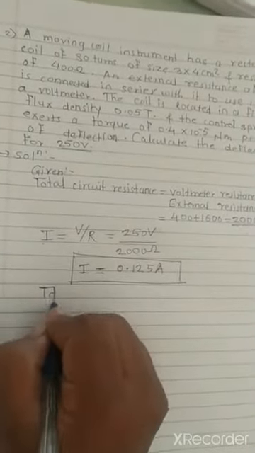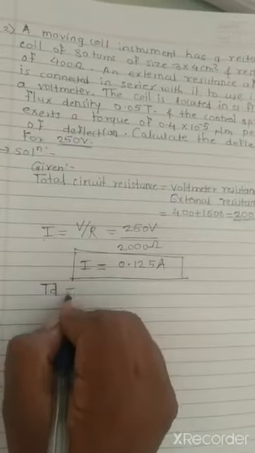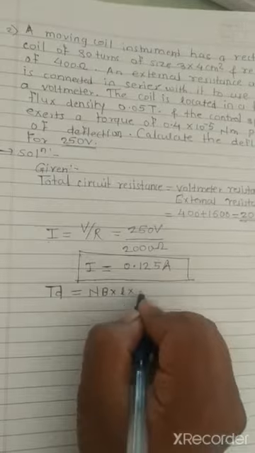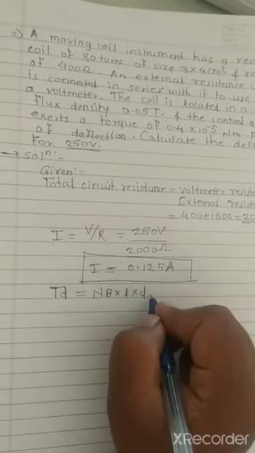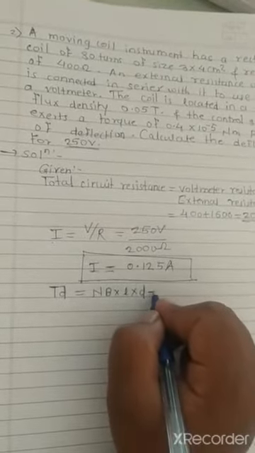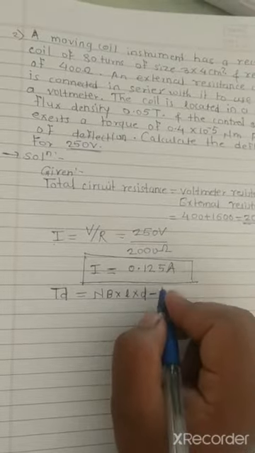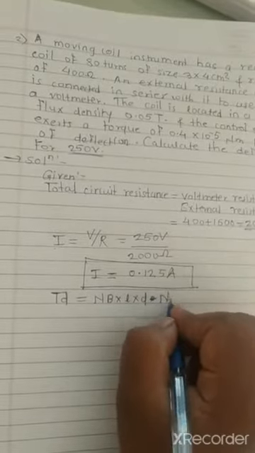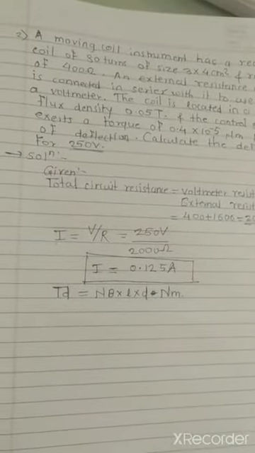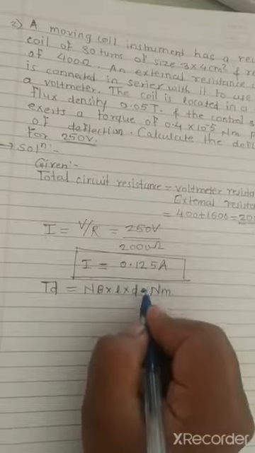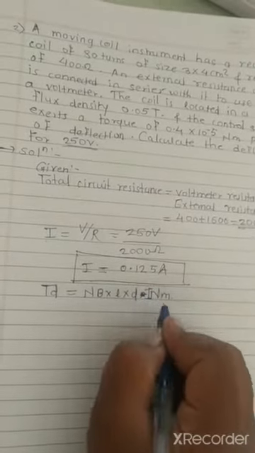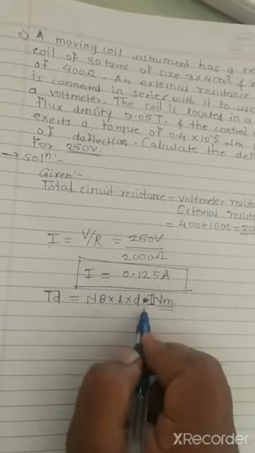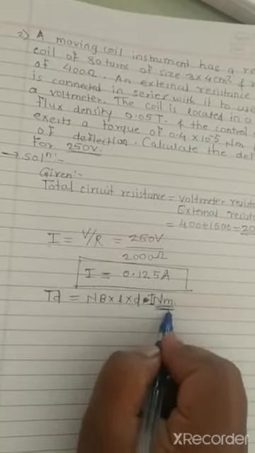The formula for TD is N into B into L into D into I, in Newton meter. Newton meter is its unit.